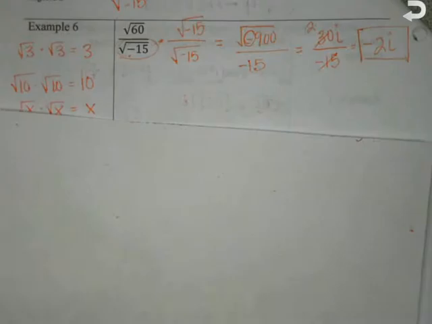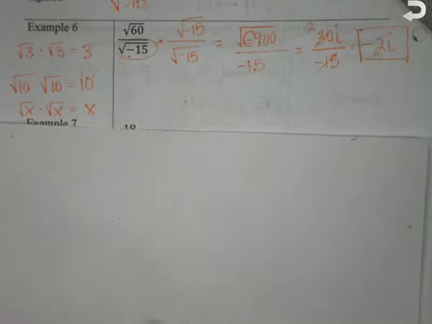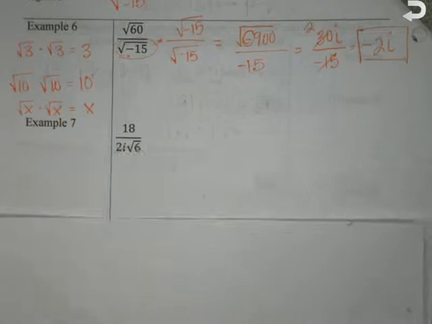Okay, example 7. 18 over 2i root 6. Okay, so remember how I told you guys yesterday that a root is not allowed in the denominator? If i is equal to the square root of negative 1, do you think i is ever allowed in the denominator?